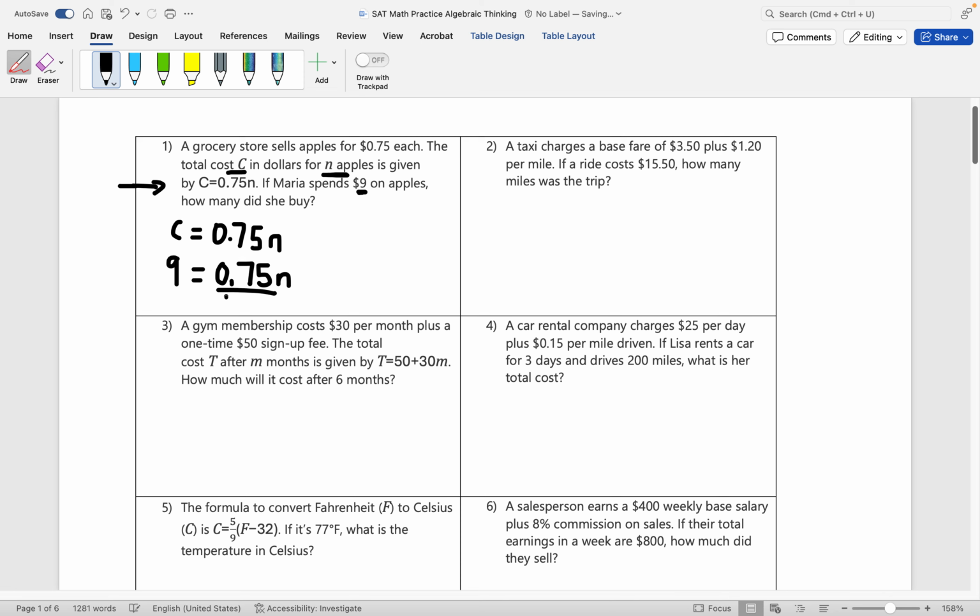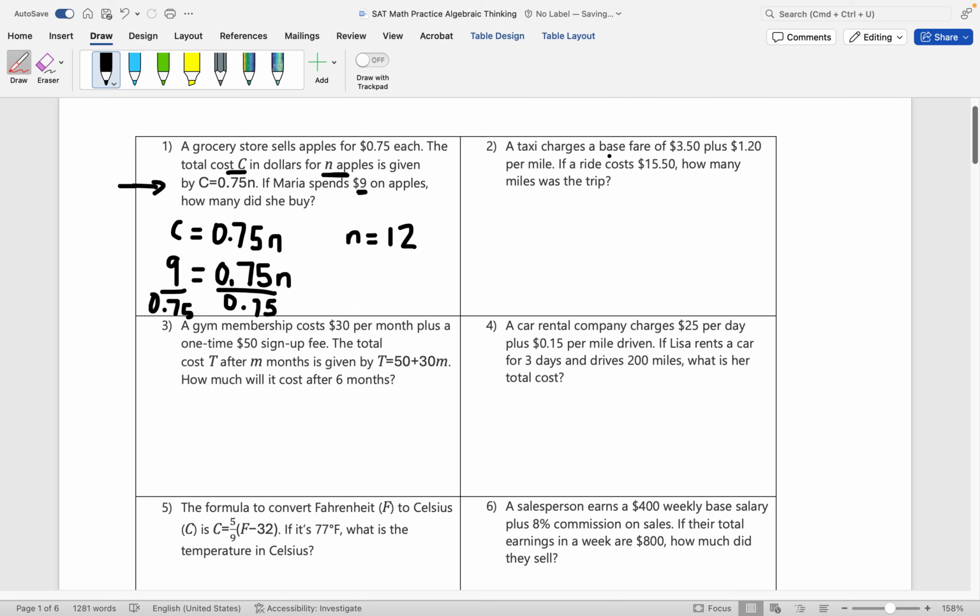Simple equation, divide both sides by 0.75, because that's how you solve an equation. Now 9 divided by 0.75 is equal to 12. So n equals 12, meaning that Maria bought 12 apples. Okay, moving on to number 2.